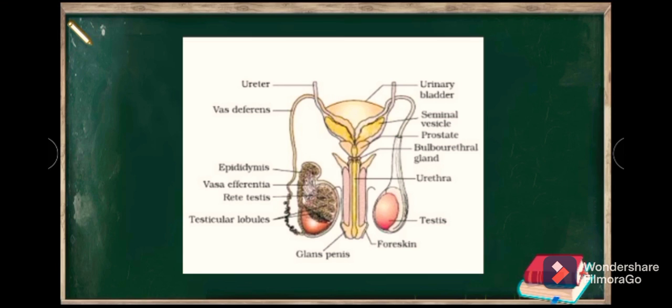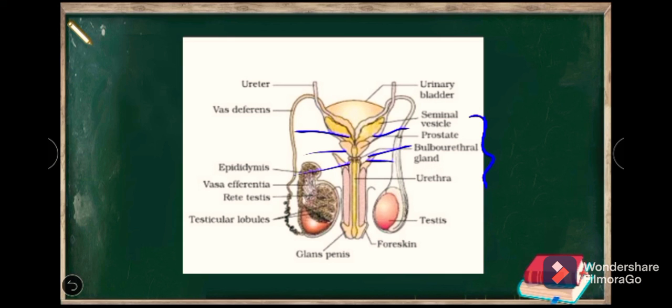The function of the bulbourethral gland is to provide lubrication to the penis. A point to be noted here is that all these three are present in pairs. You see, seminal vesicle 2, bulbourethral 2, then prostate 2. So these are present in pairs.